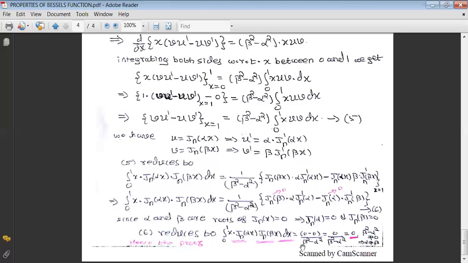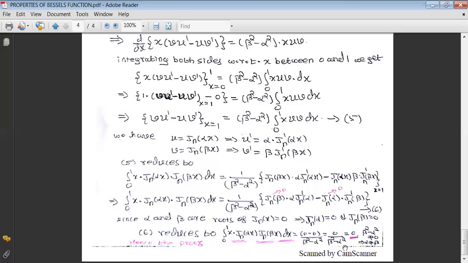In the denominator we get beta square minus alpha square. 0 minus 0 is 0, and this results in 0 only when the denominator is not equal to 0. If the denominator becomes 0, that results in an indeterminate form. That's why we have written that this expression results in 0 only when beta square minus alpha square is not equal to 0.